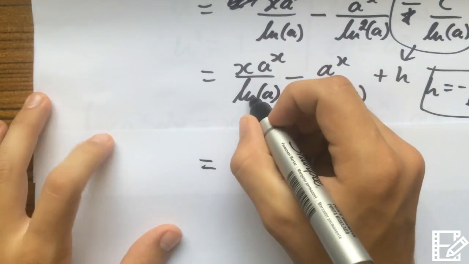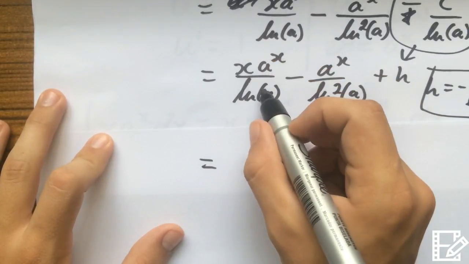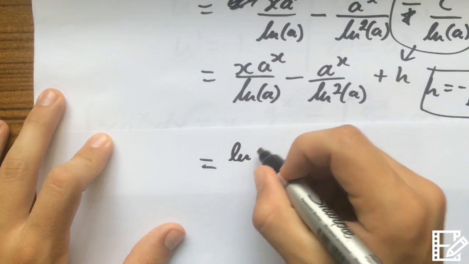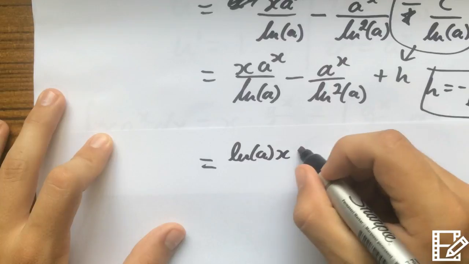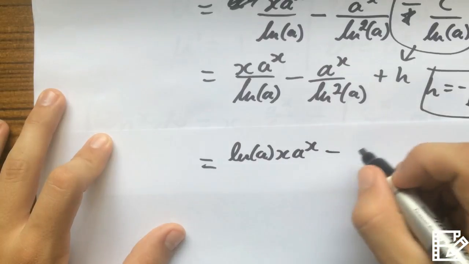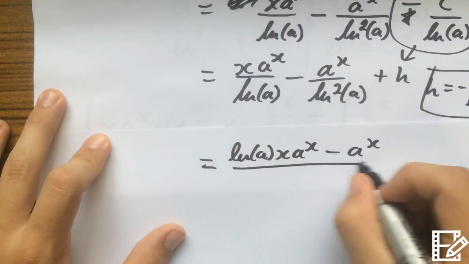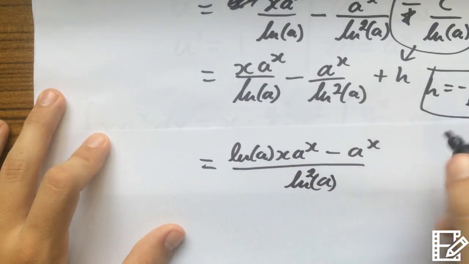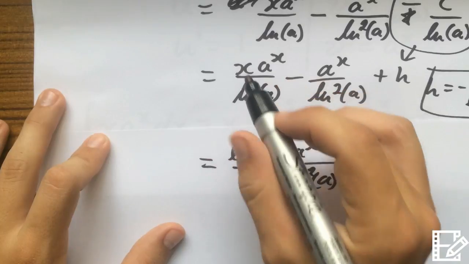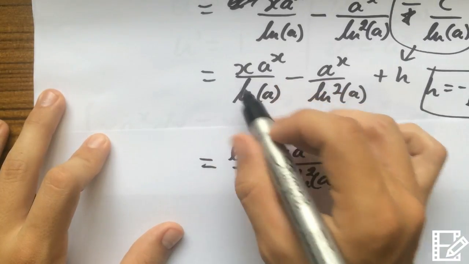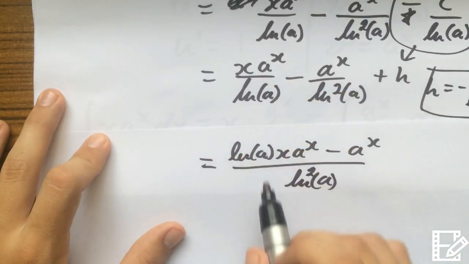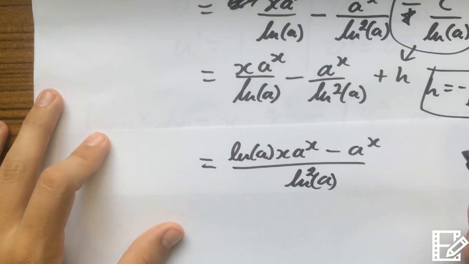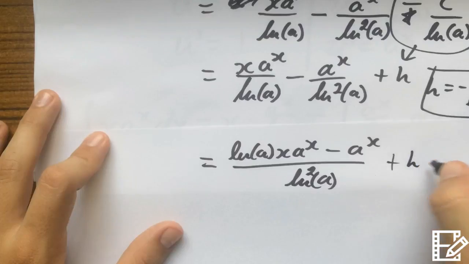Well, I'd want to multiply ln of a on top, so I could have ln of a squared to match this. Ln of a multiplied by x multiplied by a to the x, subtract a to the x all on ln a squared. Because if I multiply ln of a on the top, then I have to do it on the bottom. It would equal the same thing, but it would allow me to join the bottoms, which is what I just did. Okay, plus h.